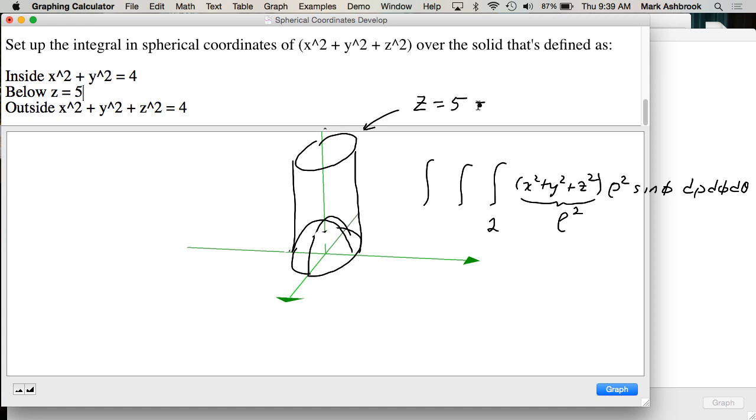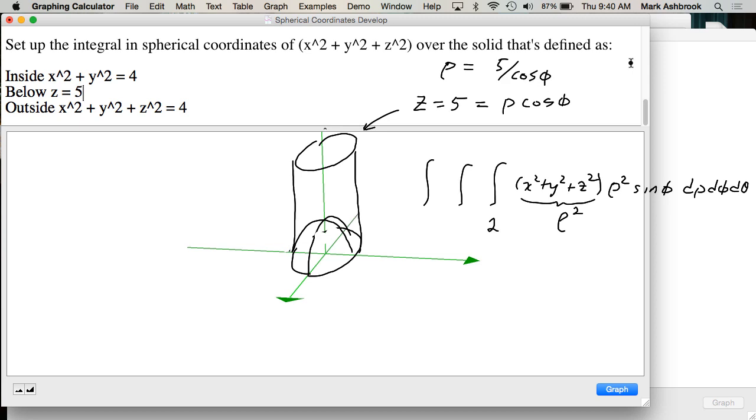So what is z in spherical coordinates? Rho cosine phi. Therefore, the rho value that it leaves that top surface out of for low values of phi is what? Rho equals 5 over cosine phi. Do you see it?